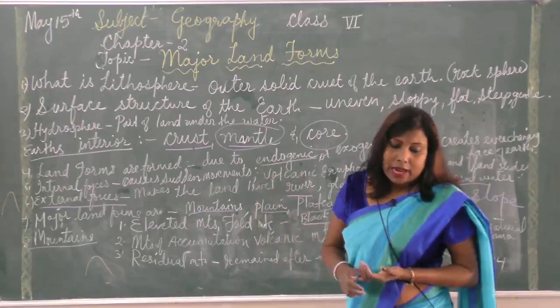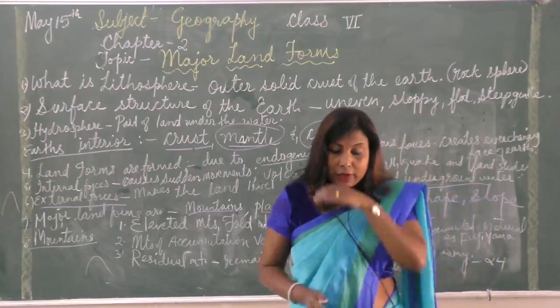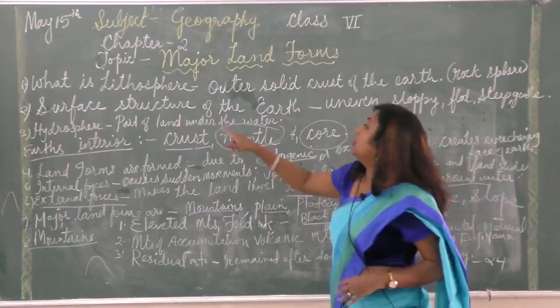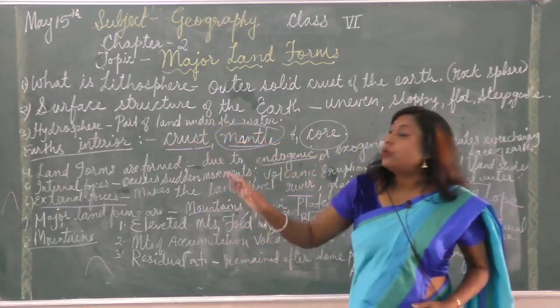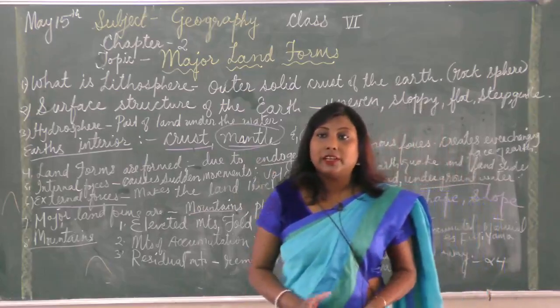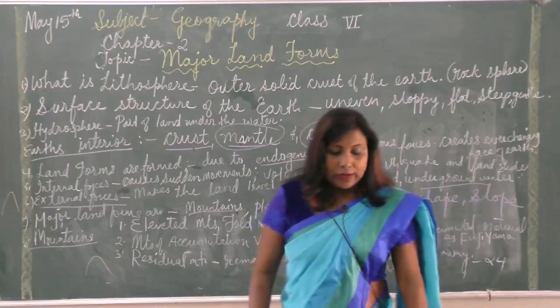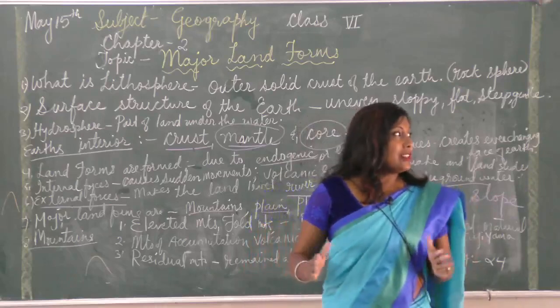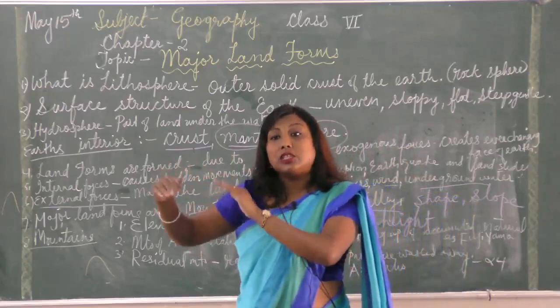And they cover one fifth of the lithosphere. As I told you, what is the lithosphere? The land part of the earth. So one fifth of the lithosphere is mountainous region. We have chains of mountains, and these mountains are not single; they go on in continuous patterns.